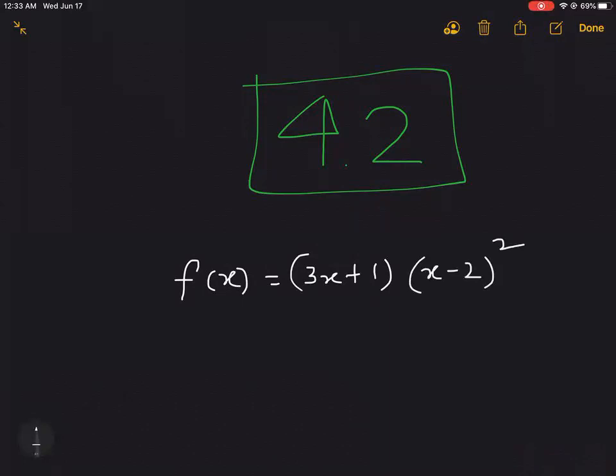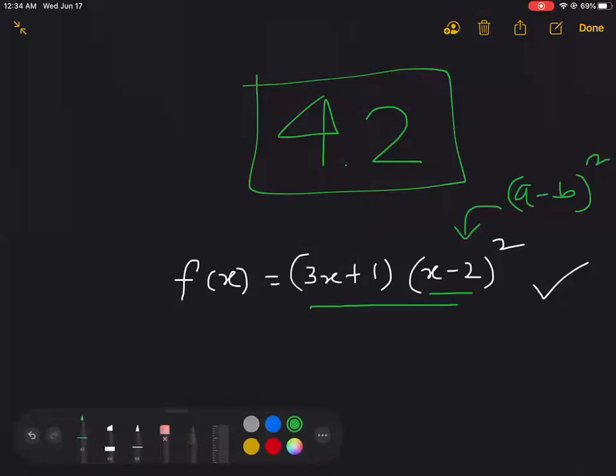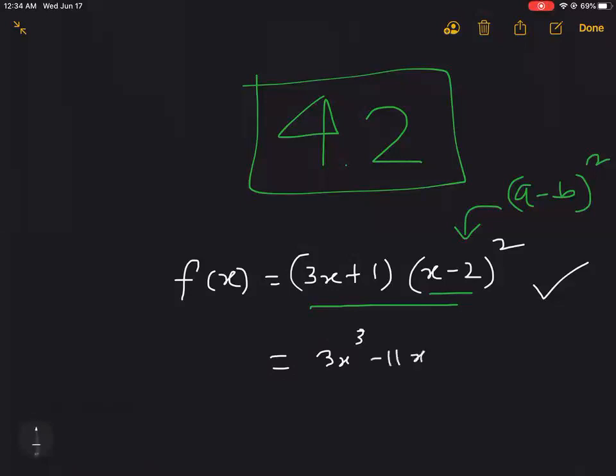Yes, it is a polynomial. If we start expanding this, we can use the formula a minus b the quantity squared, and finally if we multiply these two items, eventually we'll have 3x cubed.